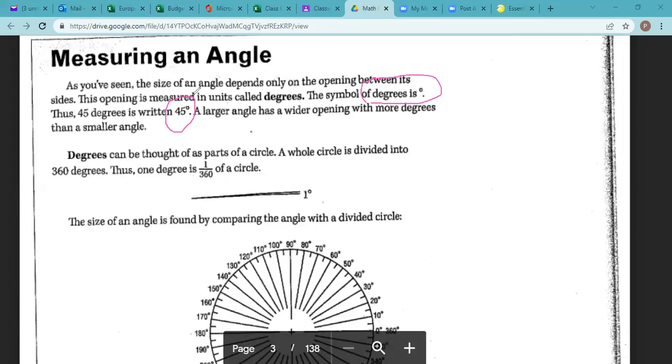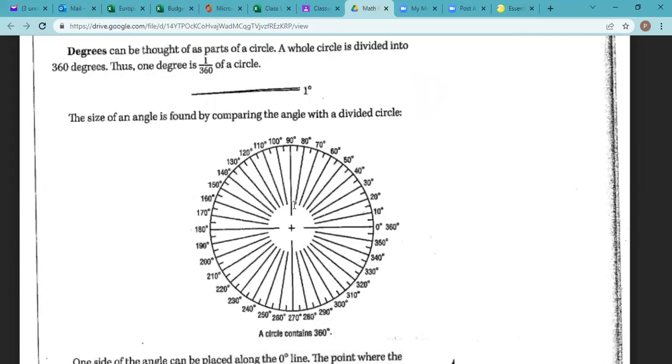Okay, so a larger angle has a wider opening with more degrees than a smaller angle. So degrees can be thought of as parts of a circle. So again, here is a whole circle down here, right? We divided it into 360 degrees.